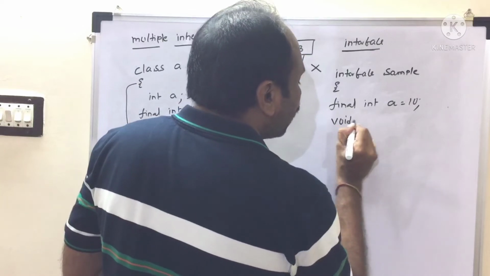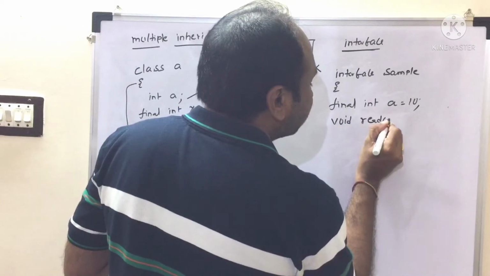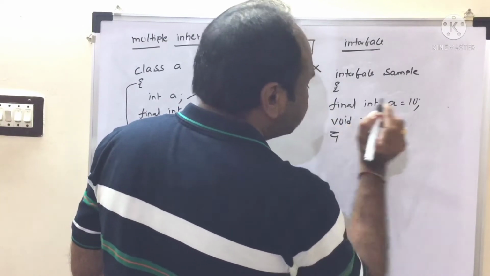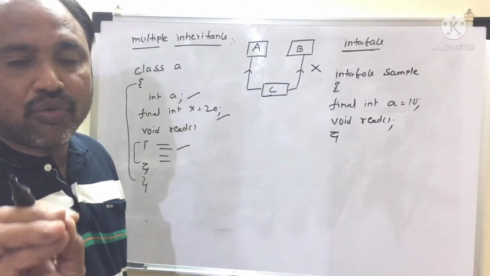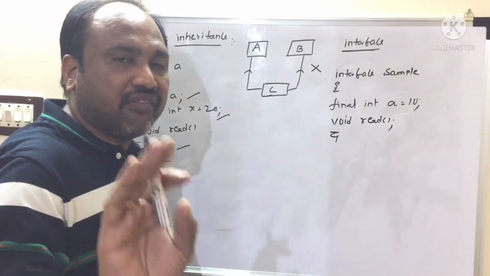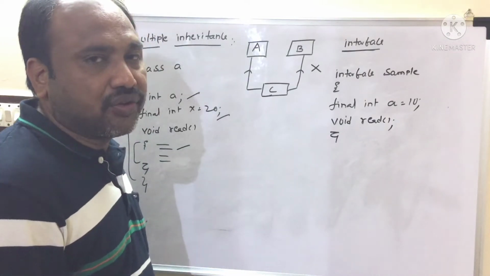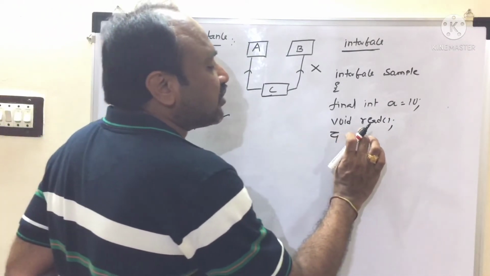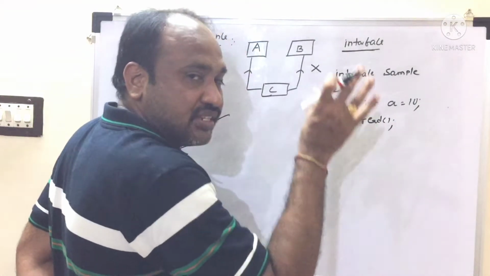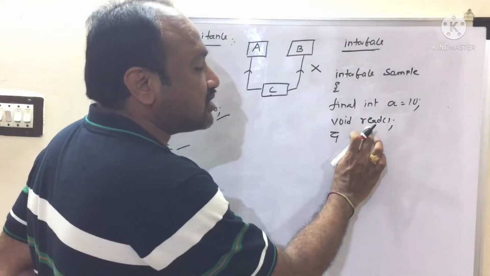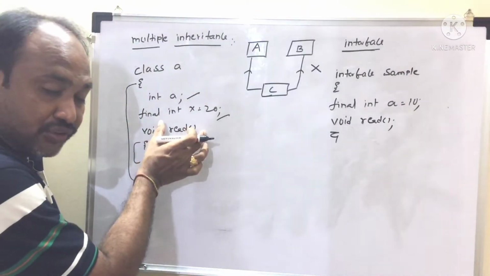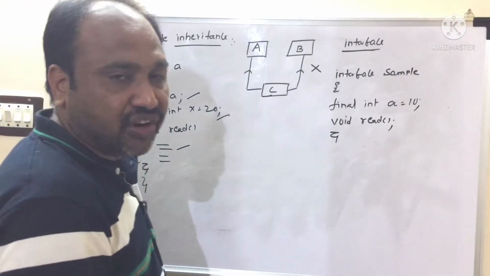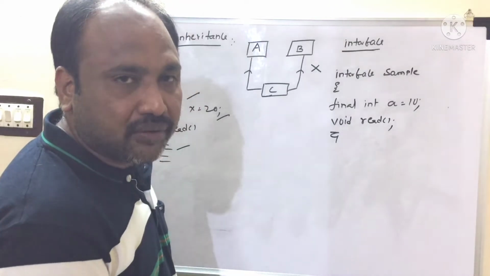An abstract method means only a declaration. It will not have any statements. A method which does not have a body is referred to as an abstract method. A method which has statements, meaning a body, is referred to as a concrete method.